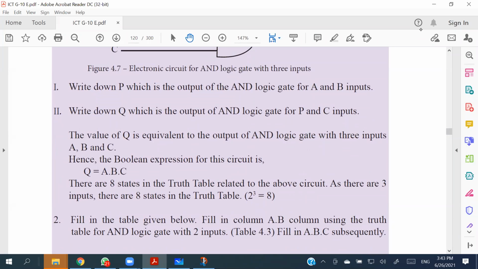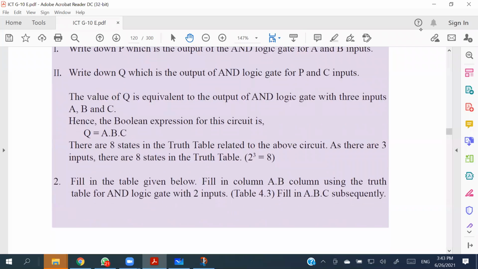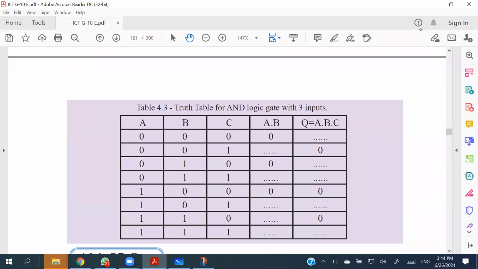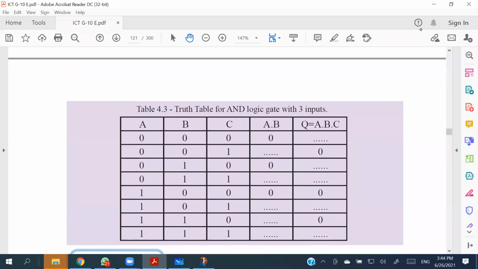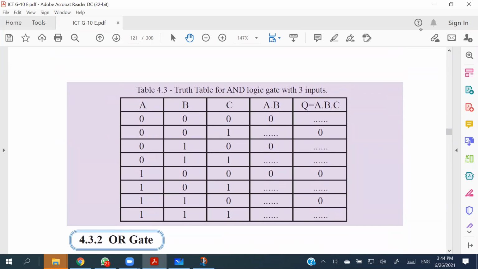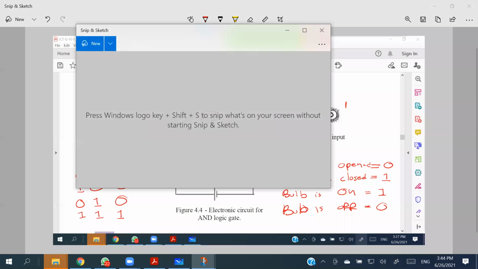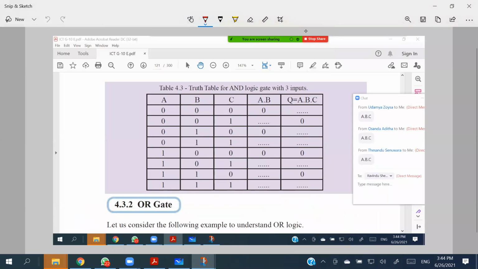Right. Here's something for you to do. How is it going to be? What are the values in A dot B? Let's do it like this. Now you tell me the answers for these places.